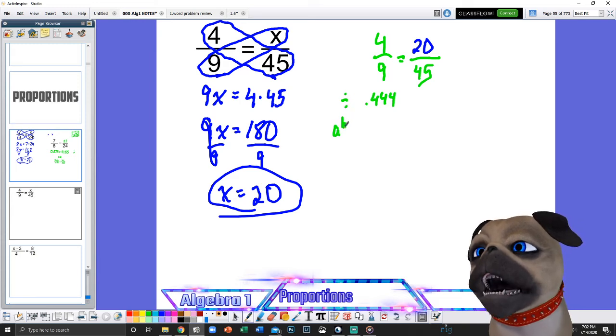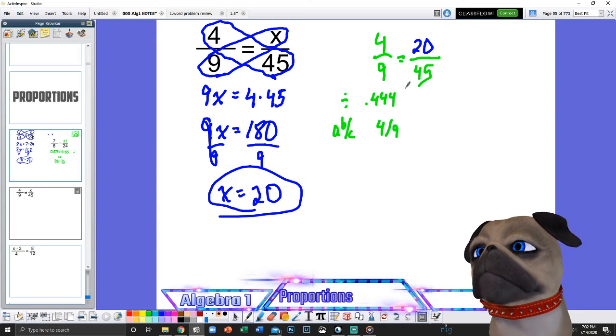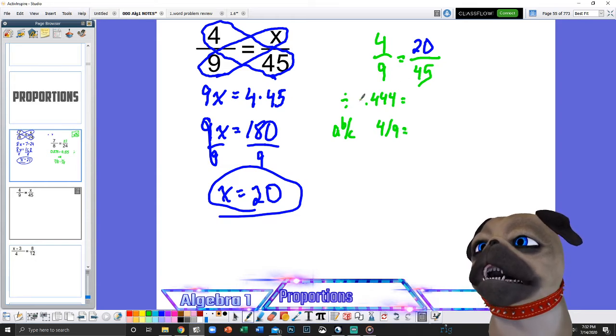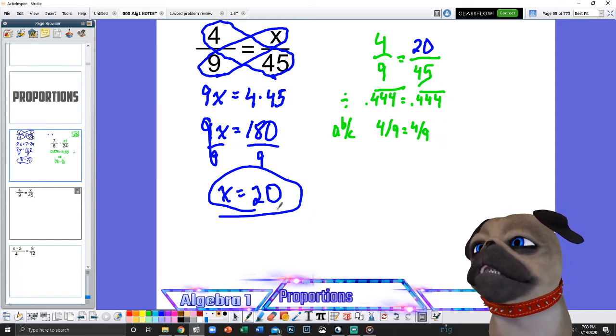If you use the ABC button, you would get 4 over 9. On the right side, if you use divide, you would get 0.444, and it repeats forever. That bar means repeating. And then on this side, this would also be 4 over 9. Either way you like it, they're both the same. So 20 is correct.